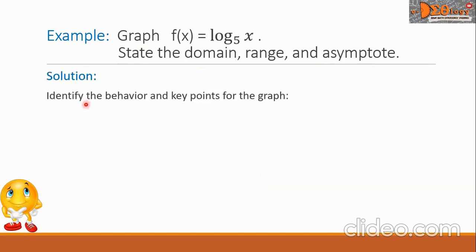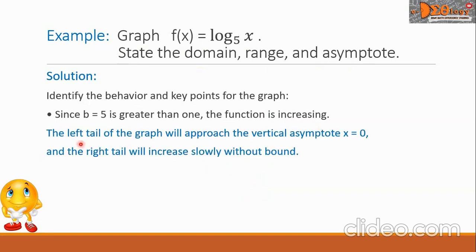Let us first identify the behavior and key points for the graph. Since b equals 5 is greater than 1, the function is increasing. It means the left tail of the graph will approach the vertical asymptote, which is x equals 0, and the right tail will increase slowly without bound.